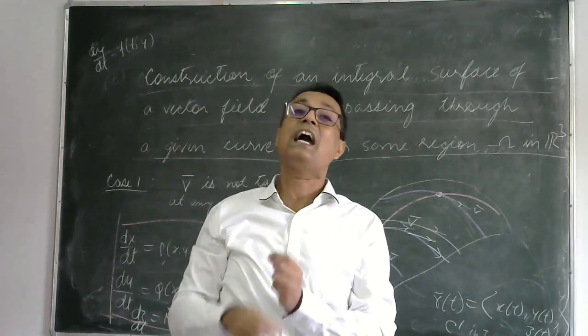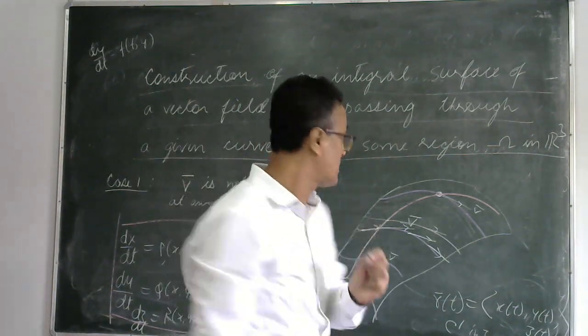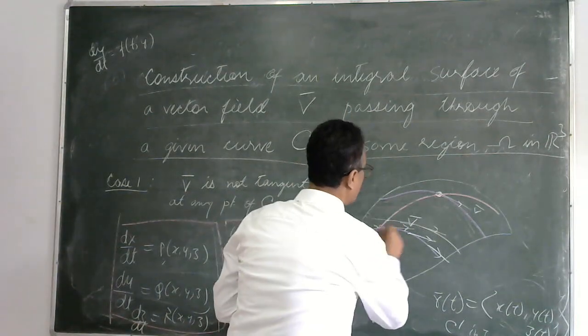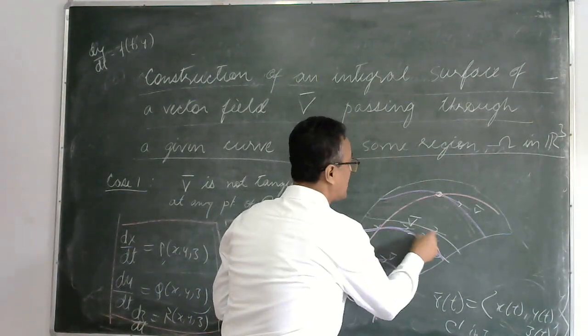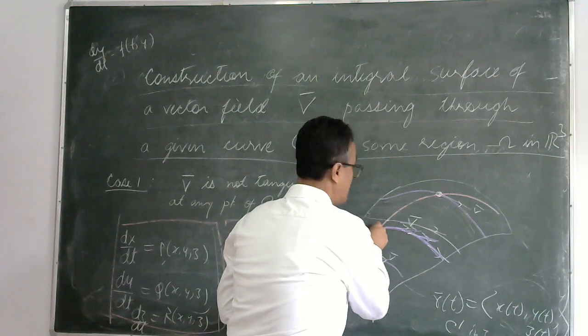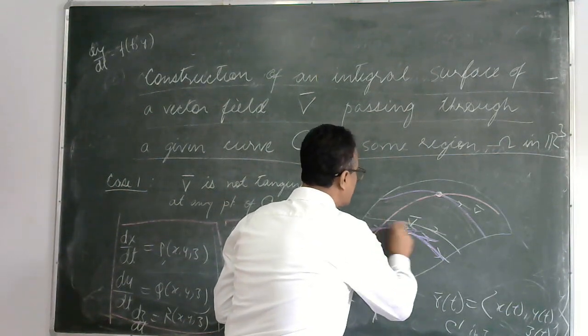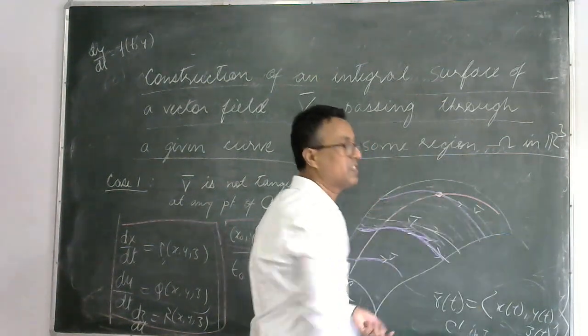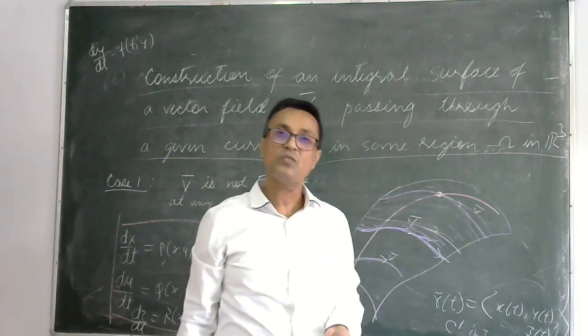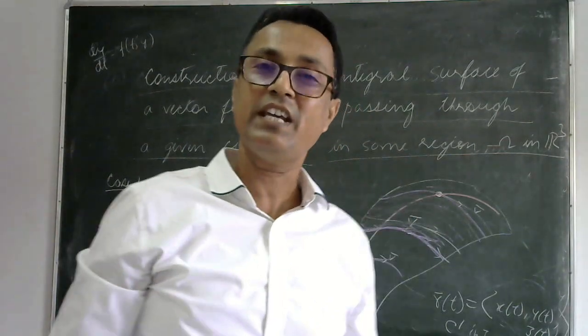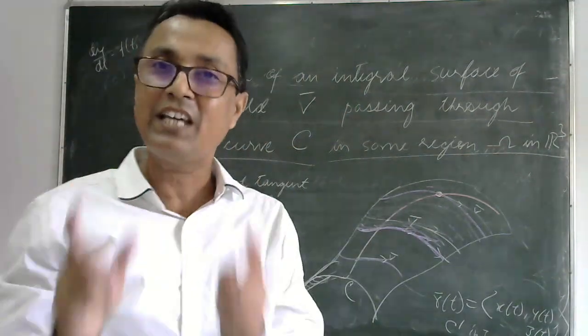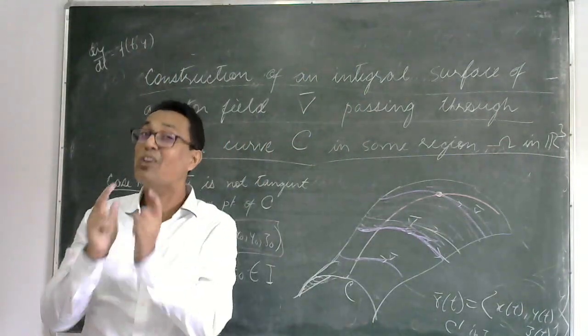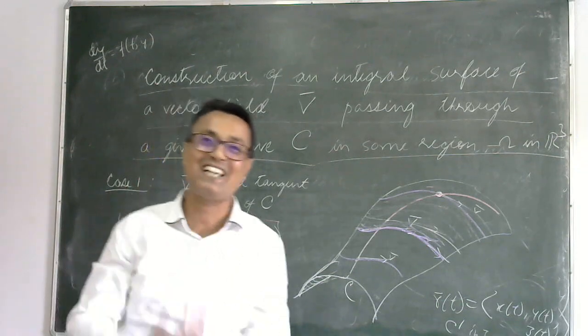So at each point I am going to get V as a tangent. Now is it clear? I cannot repeat it more than that.